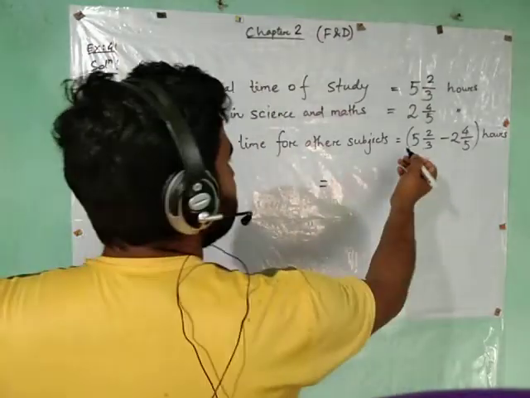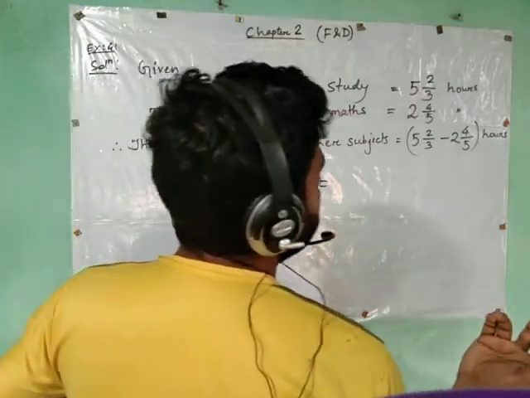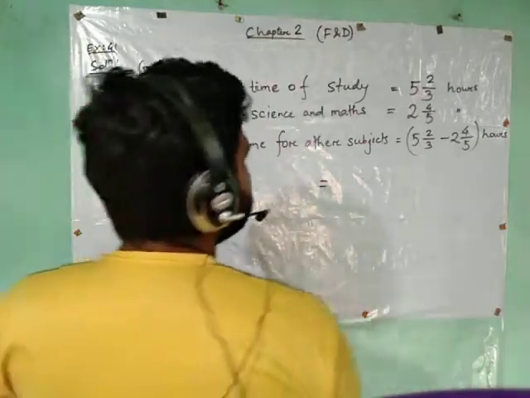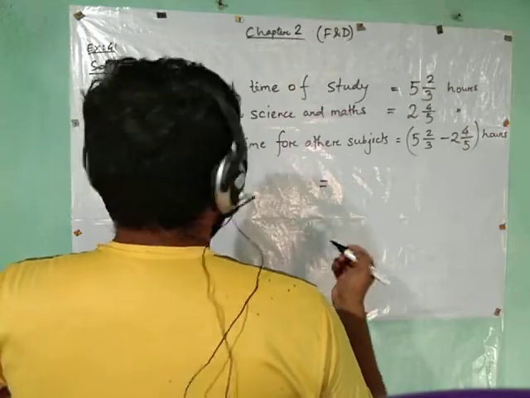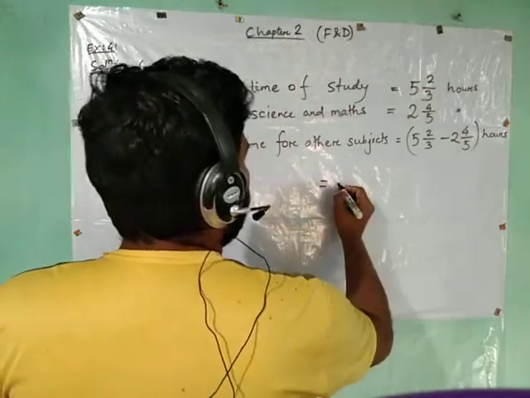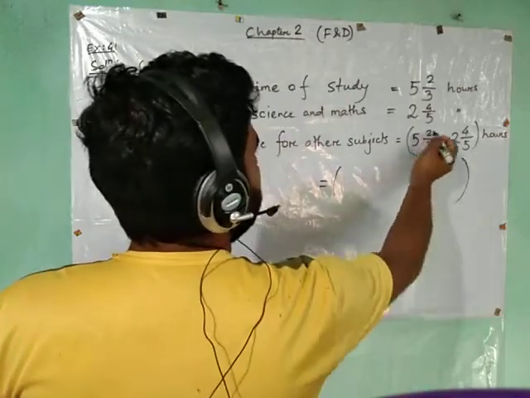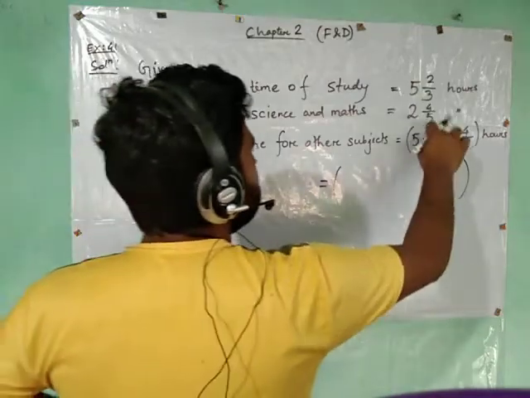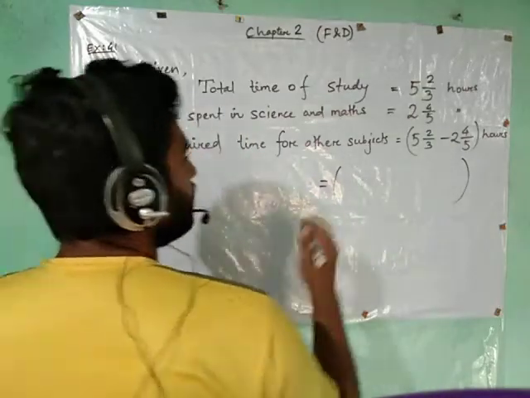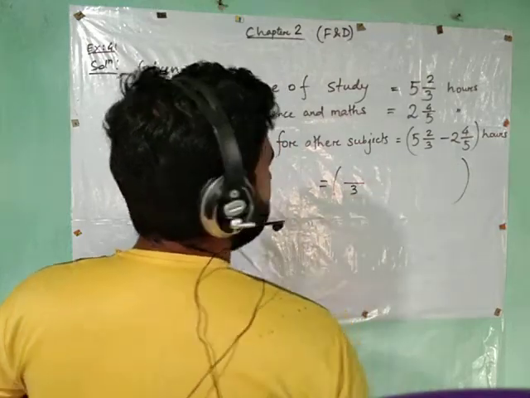Okay, now how will I solve it? You can use any of the given two methods. Suppose I am using method 2. Bracket is always there. Now I need to convert this into an improper fraction. Denominator will be 3.